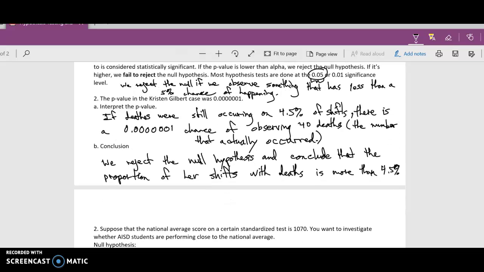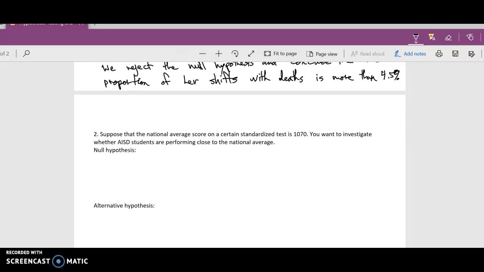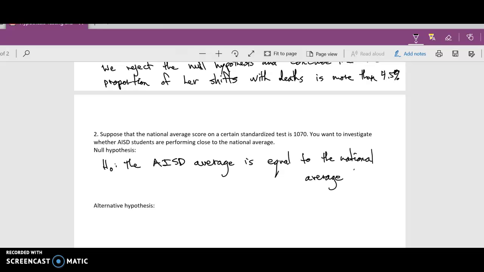All right. Suppose the national average score on a certain standardized test is 1070. You want to investigate whether AISD students are performing close to the national average. What's the null? The AISD average is equal to the national average, 1070.